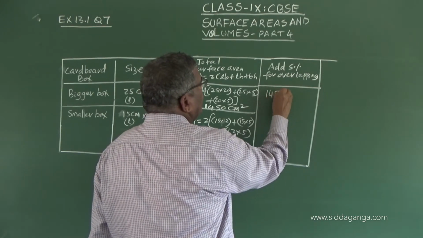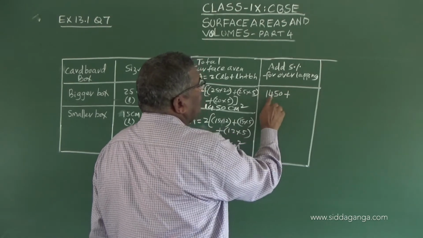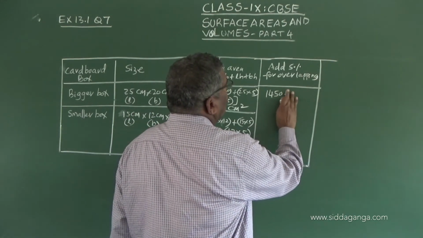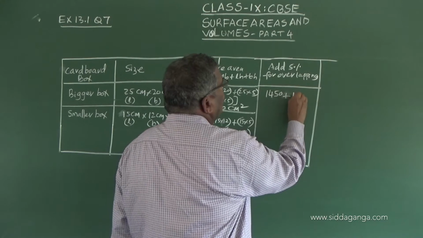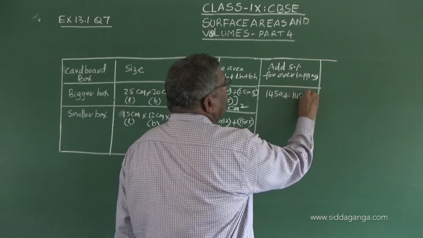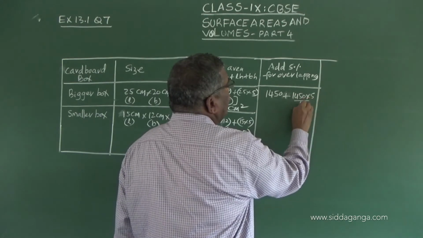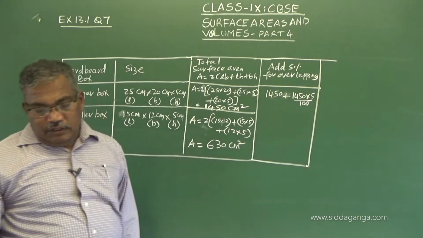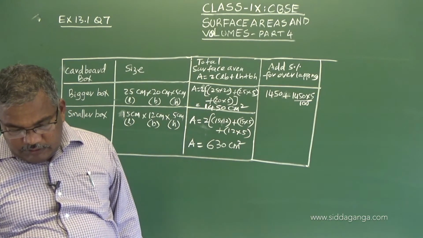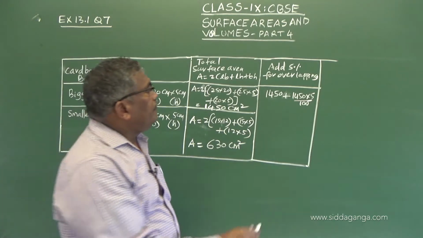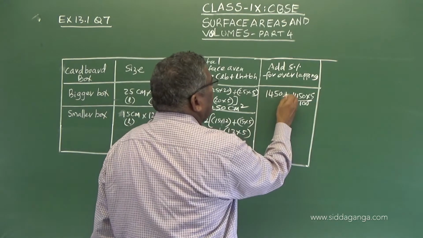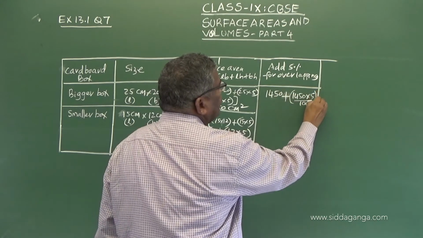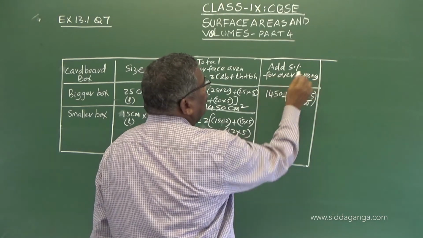you can calculate like this: 1450 plus 5% of 1450. 5% of 1450 is 1450 into 5 by 100. Remember, add 5% for overlapping.